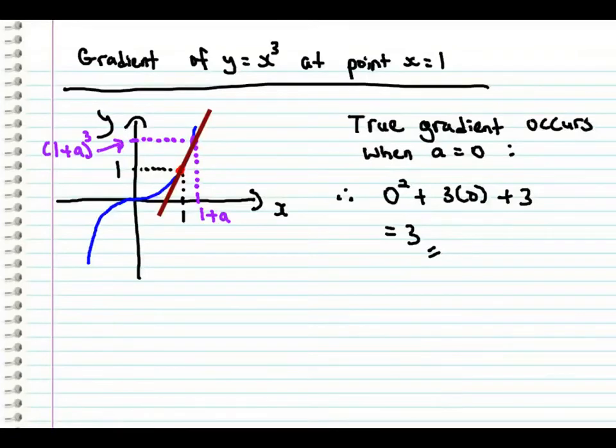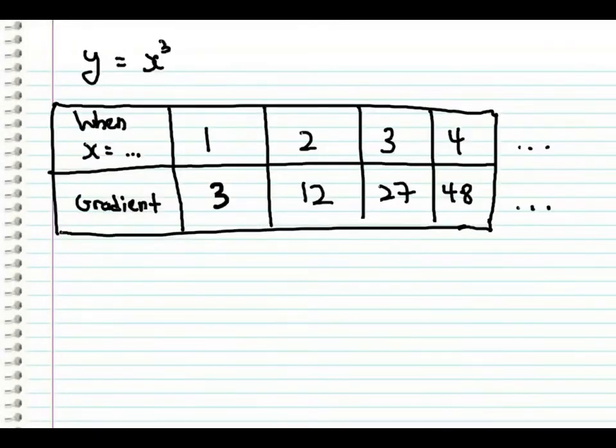The actual gradient is obtained when the 2 points coincide. In other words, when a equals 0. Therefore, the gradient at x equals 1 of the curve y equals x cubed is 3. If we were to find the gradient of other points on the curve y equals x cubed, we obtain the following result.